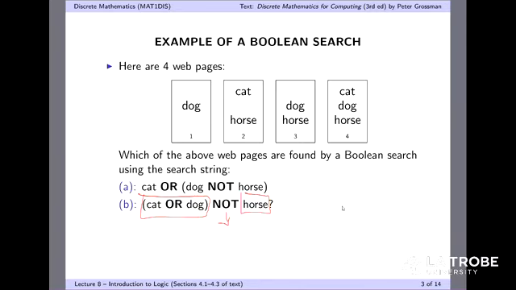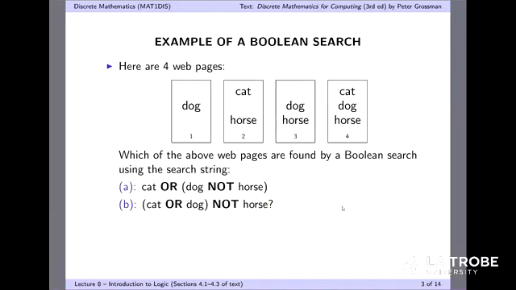What do you think should be the answer? 1. Can you justify? Everything but 1 has got horse in it, which is being rejected by the not operator. Fantastic, that's absolutely right.